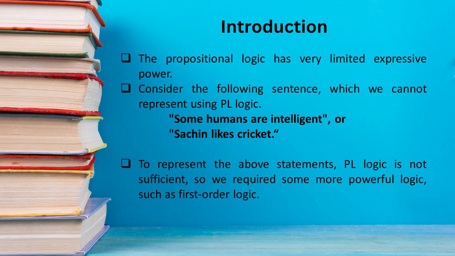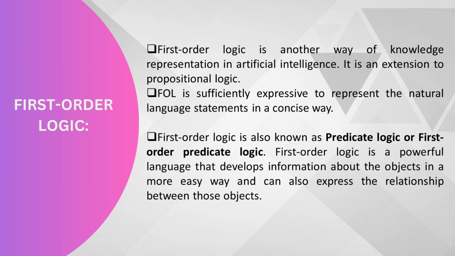This prompts the need for more robust logical systems like first order logic, which can handle complex statements involving individuals, attributes and relationships. First order logic serves as an alternative approach for knowledge representation within the domain of artificial intelligence.